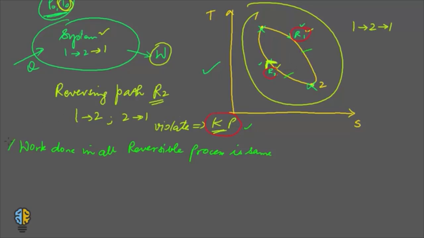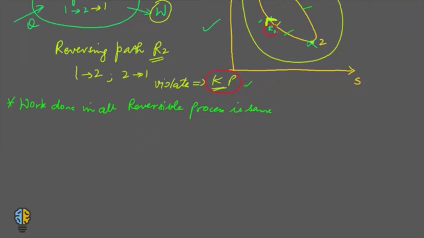One more corollary, or one more explanation of the same statement, is that the two reversible processes must coincide. You cannot have two different reversible processes between the same end states. They must coincide and produce an equal amount of work.